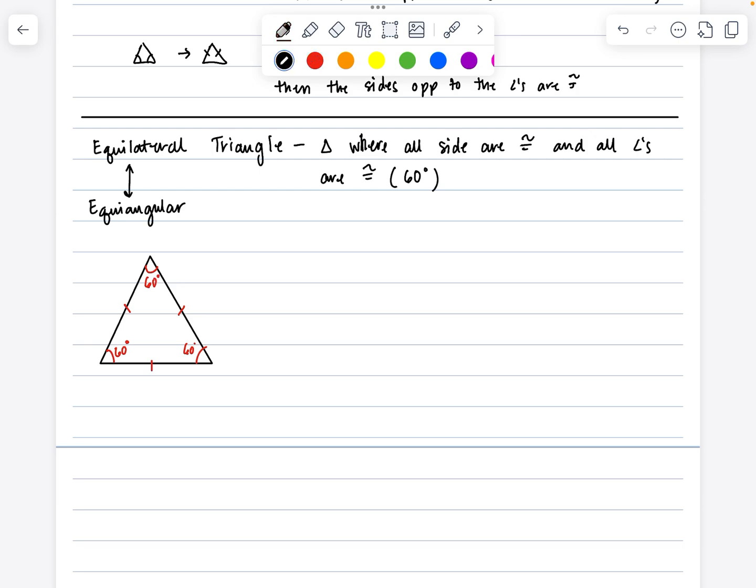Okay, now, here's your if-then. If a triangle is equilateral, then, or better yet, if all the sides in a triangle are congruent, then all the angles are congruent.